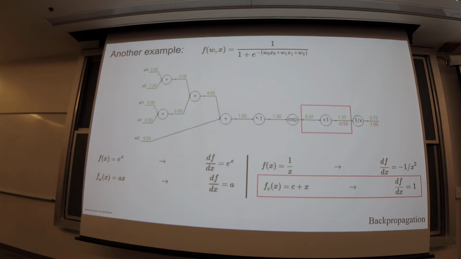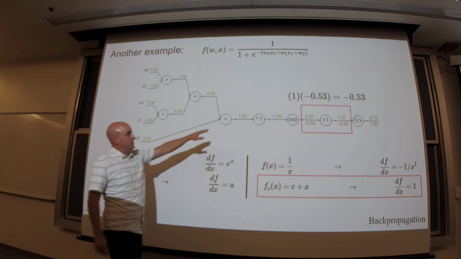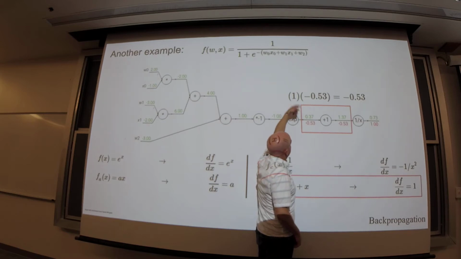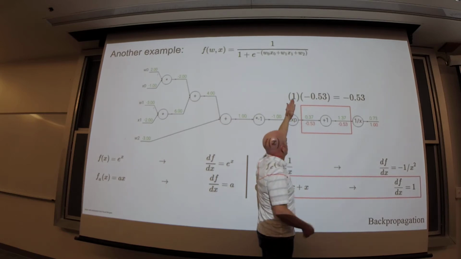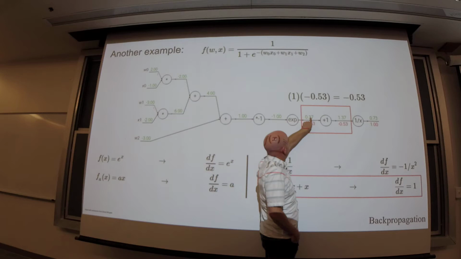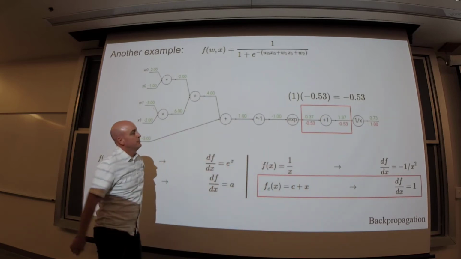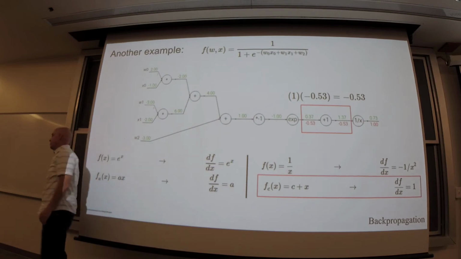But it's x plus 1, so the derivative there is just a 1. The local gradient here evaluated at 0.37, but it's a constant 1, so it doesn't know anything about 0.37. Then again, multiplied by the upstream gradient, in this case, minus 0.53, and we get again minus 0.53.